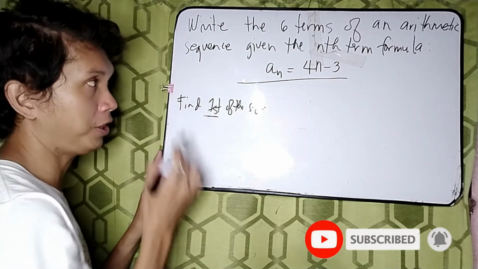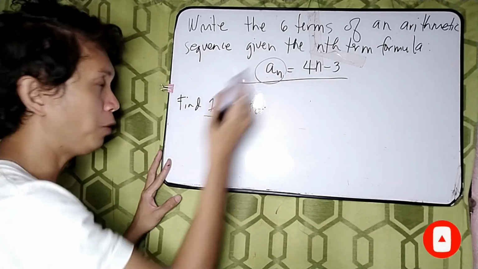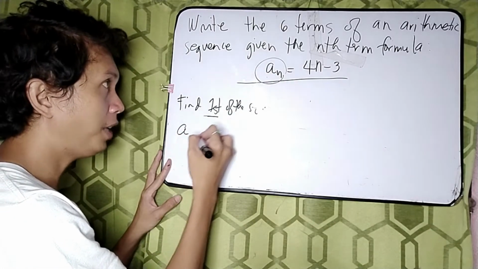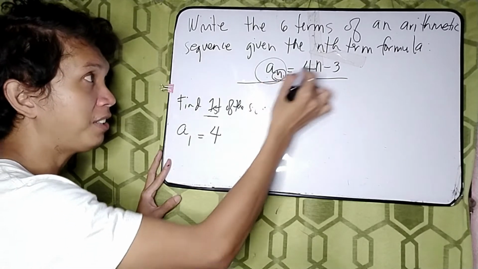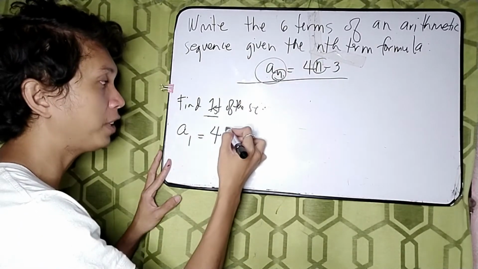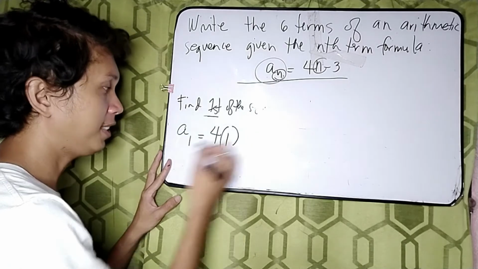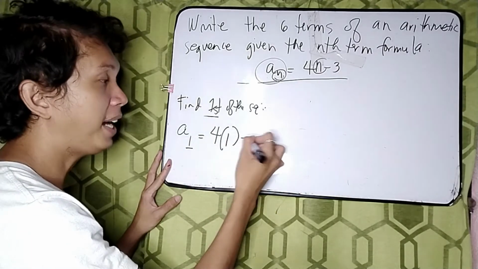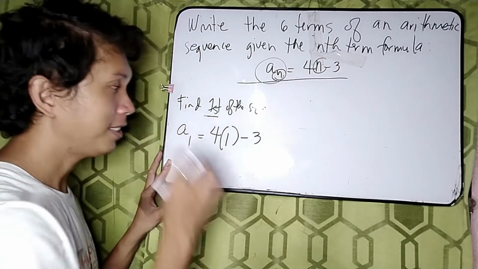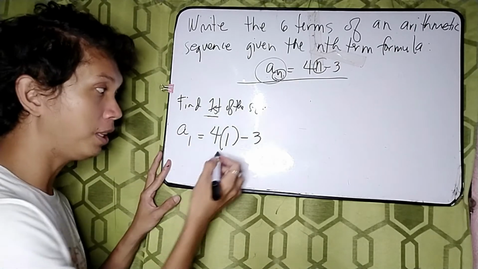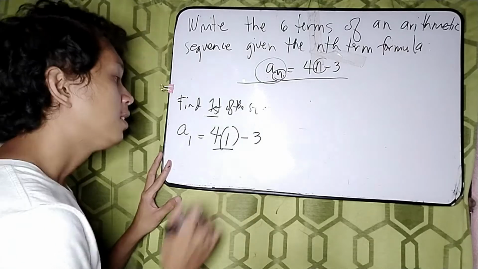Since we are looking for the first term, our a sub n will become a sub 1 is equal to 4 times 1, since this is a sub 1, minus 3. Whatever is the value of n here, that will also be the value here. And then, PEMDAS, there's no parenthesis, only multiplication, then subtraction.